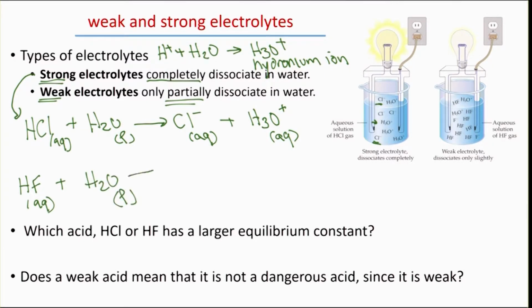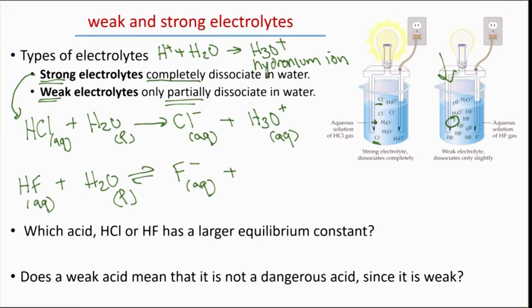I'm going to draw a double arrow to show this is not completely to the right here. This is in equilibrium. If you look here in our picture, we can see the light's only partially on, and we see a couple things in solution. We see some F minus, and we also see the other product that forms when HF breaks apart.